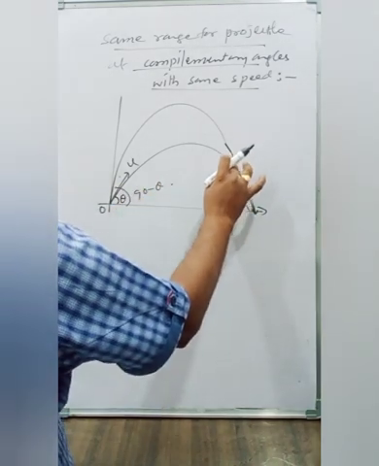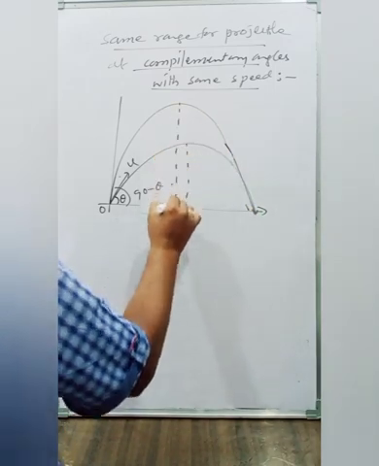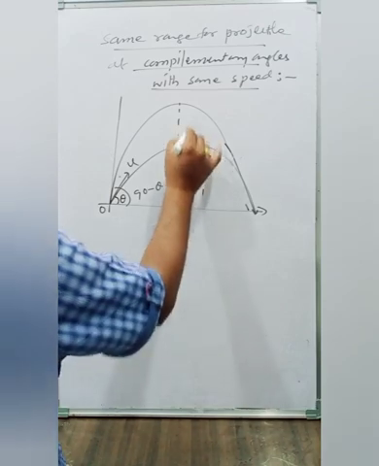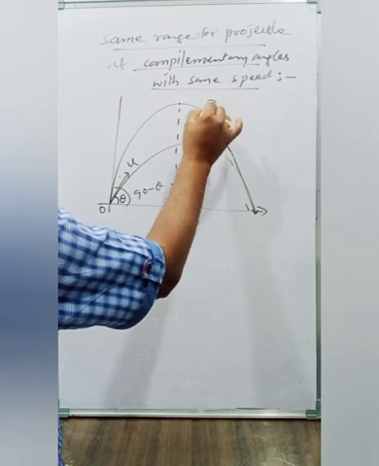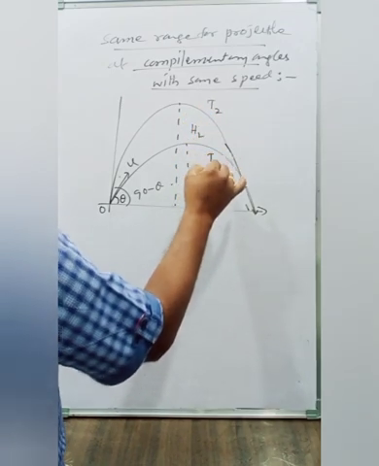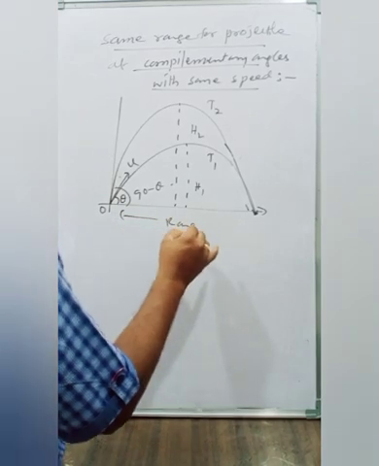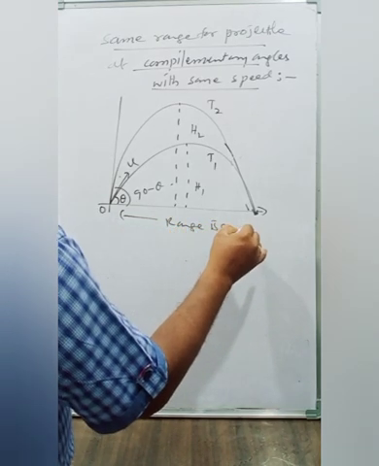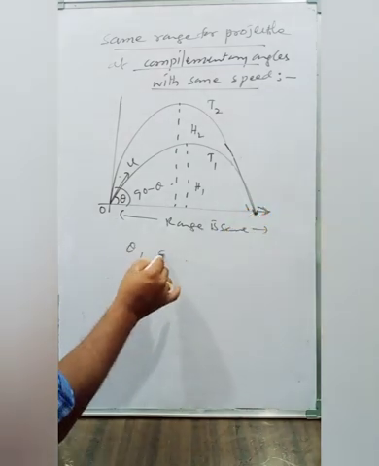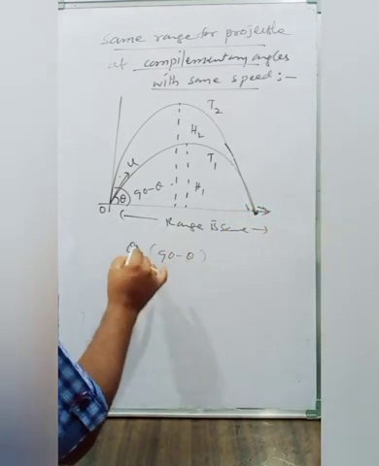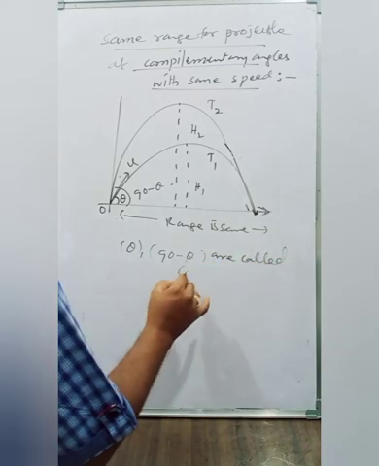Then the reaching plane is the same point, but the heights are different. This is h1, this is h2. The times of flight are also different, t1, t2, but the range is the same with the different angles. Here theta and 90 minus theta are called complementary angles.